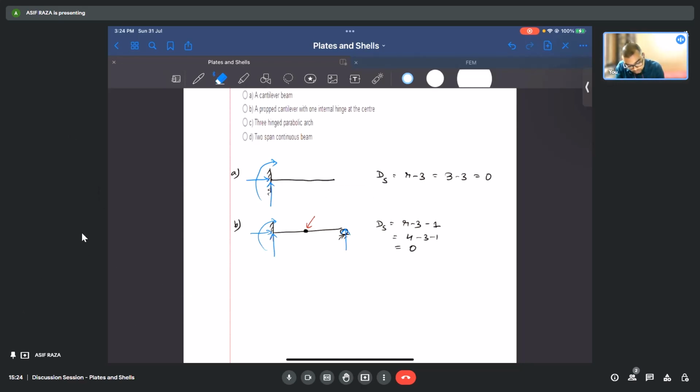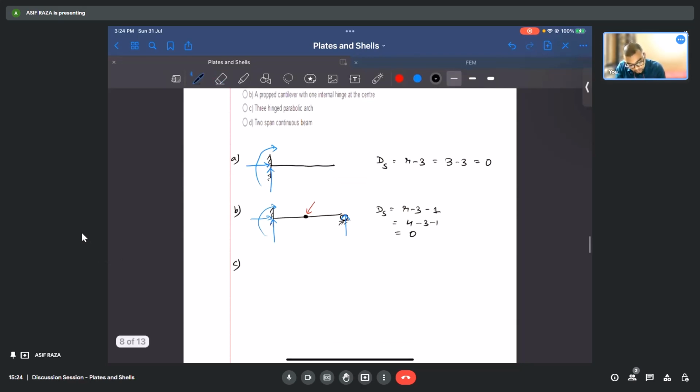Now let's see the third. We are given a 3-hinge parabolic arc. The unknown reactions would be vertical reactions at the support and horizontal reactions at the support.